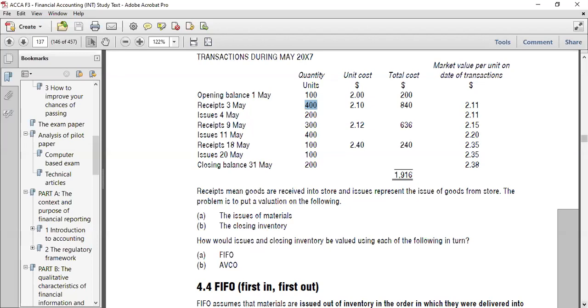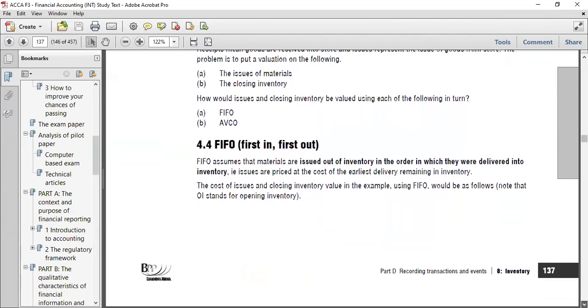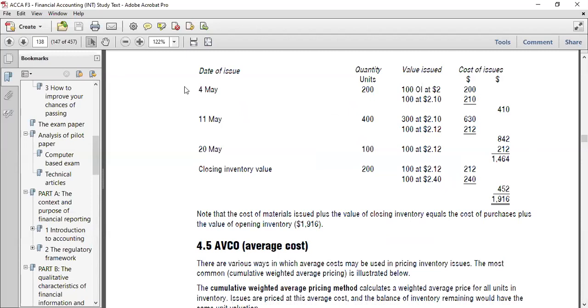So we are going to see how that was played out when it came to here. You can see that on 4th May, when we are actually issuing, we first issued what we started with, which was at $2.